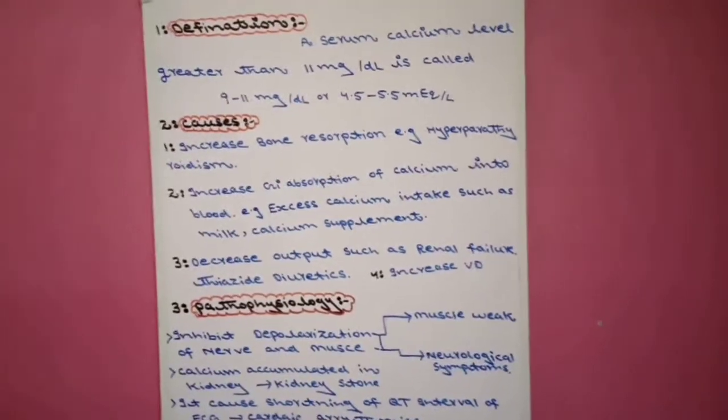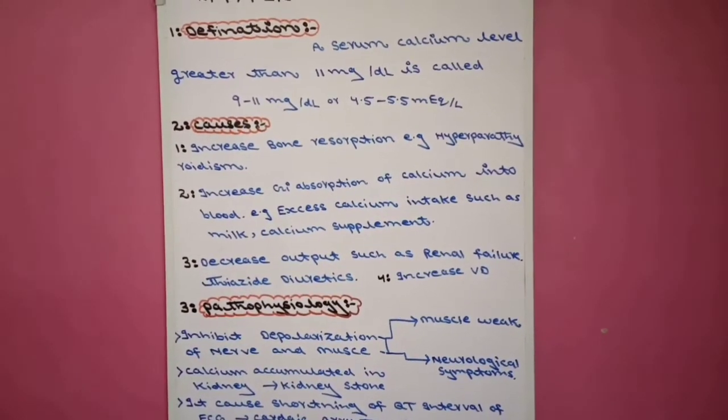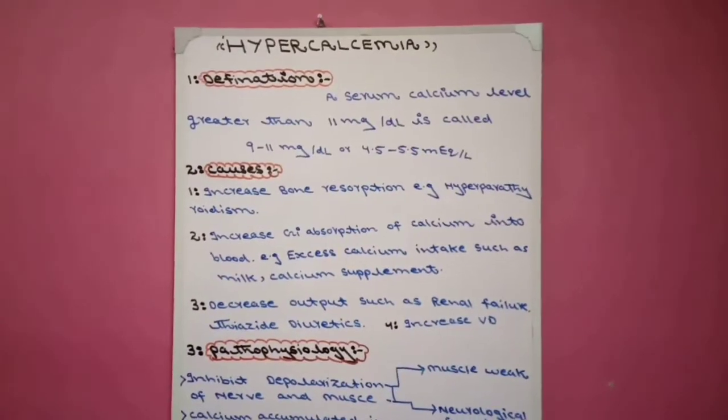Second cause is increased GI absorption of calcium into blood. If from the gastrointestinal tract the calcium absorption into blood is increased, again there will be hypercalcemia.